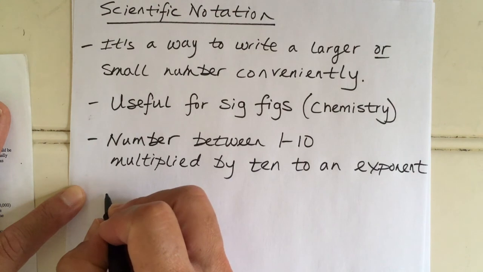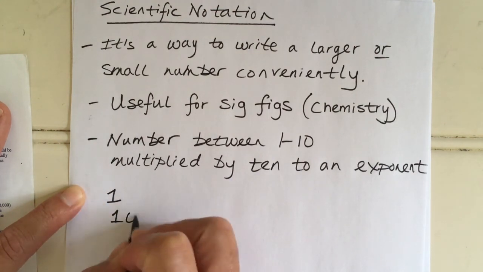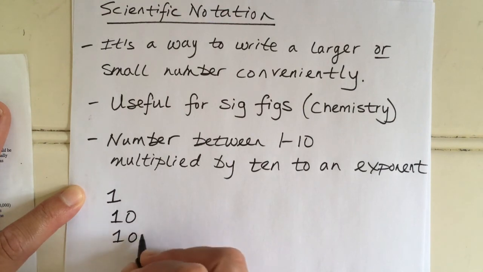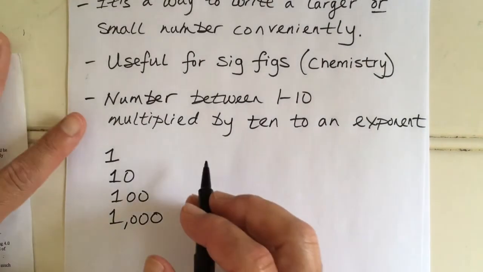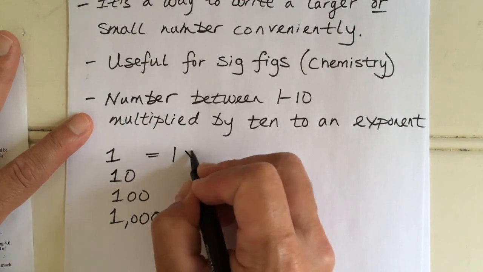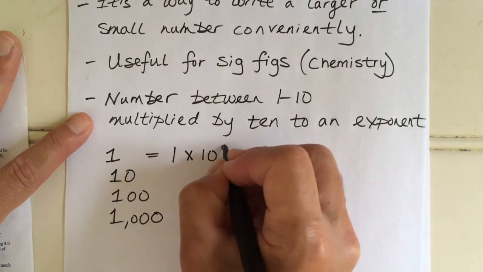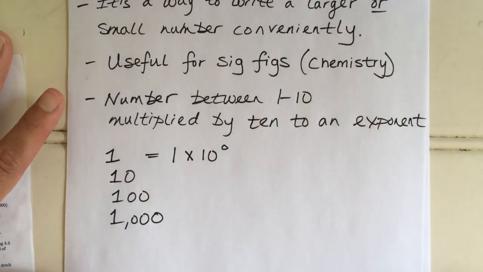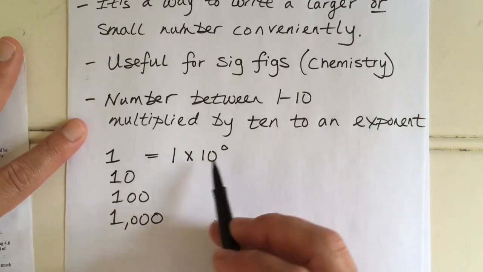So let's see here. If we have, say, the number 1, the number 10, the number 100, and the number 1000. All right. And if I put these into scientific notation, we can say that 1 is equal to 1 times 10 to the 0 power. Anything raised to the 0 power is just 1. So 10 to the 0 is 1. 1 times 1 is 1.